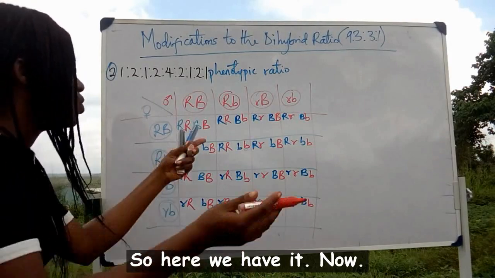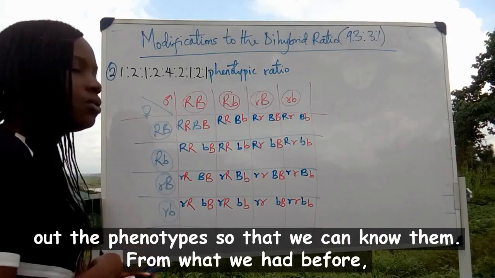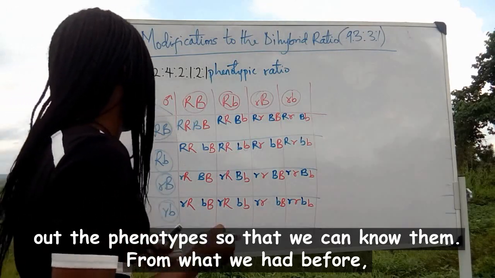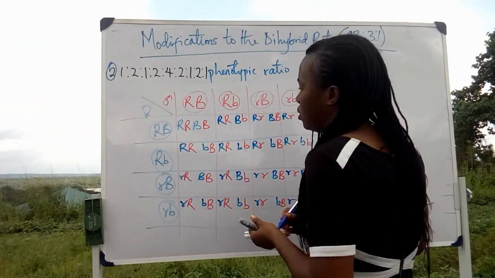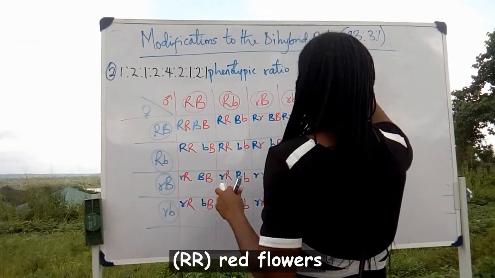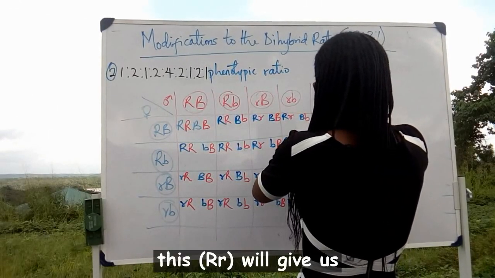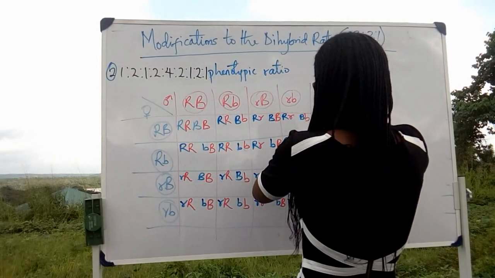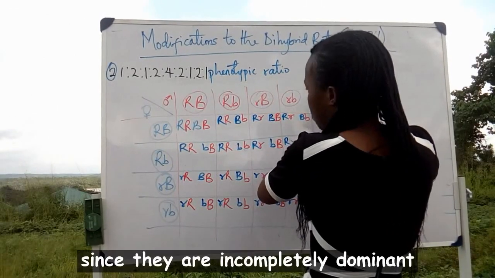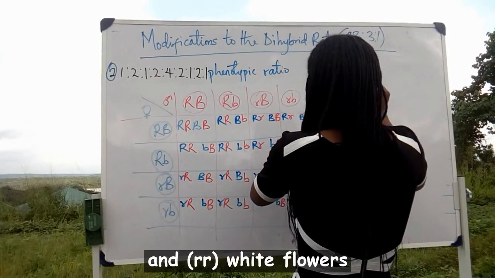Okay, so here we have it. Now I'll write out the phenotypes so that we can know from what we had before. I told you red flowers. This would give us pink flowers, since they are incompletely dominant, and white flowers.